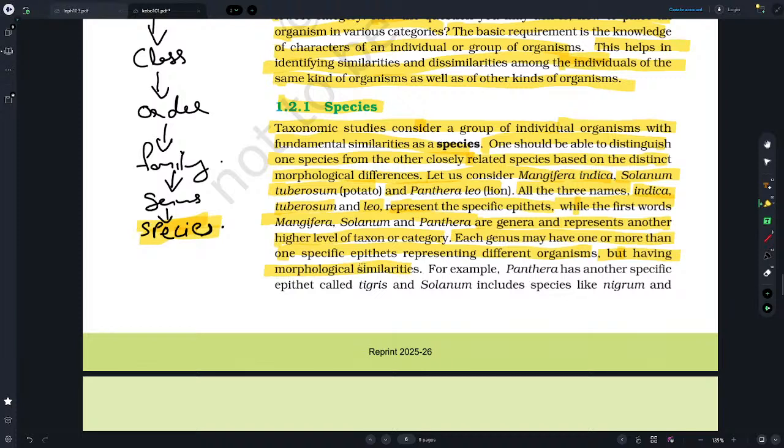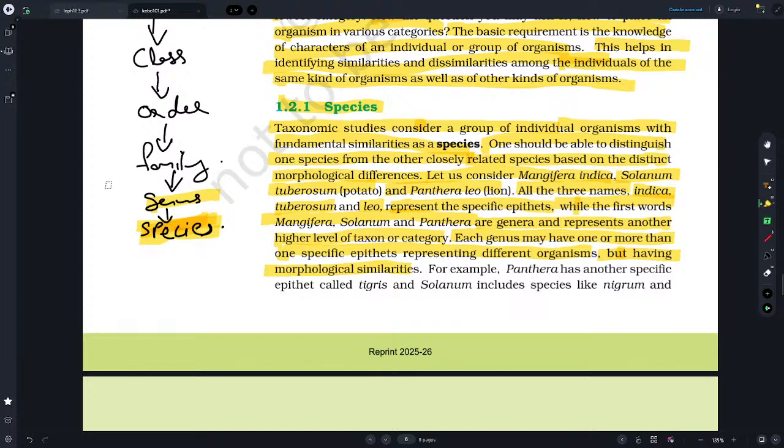They are defining genera here. Each genus may have a single or many species under it. As species is the lowest category, genus is the second lowest category. This category may contain a single or many kinds of species under it.